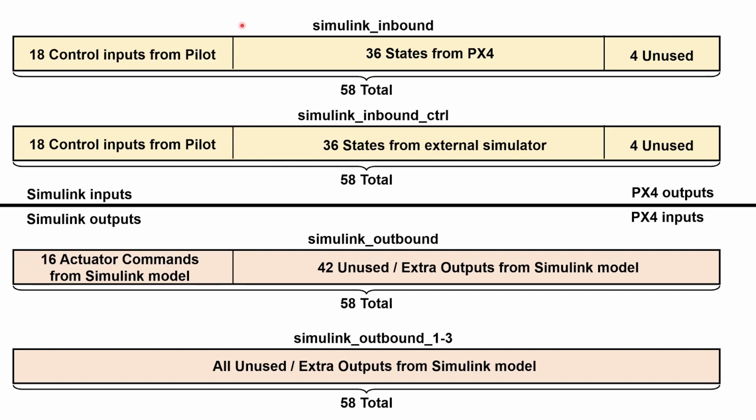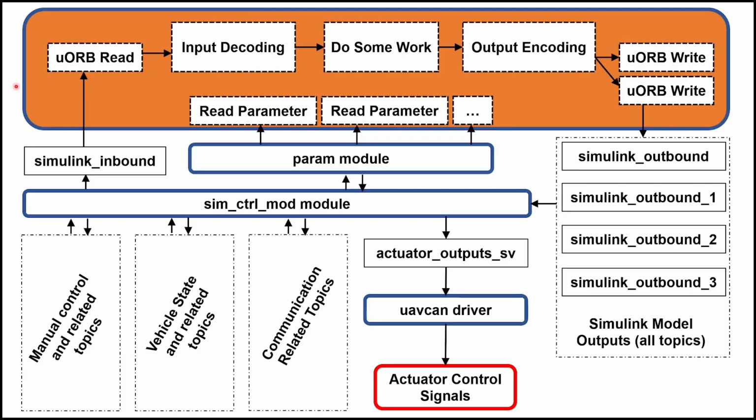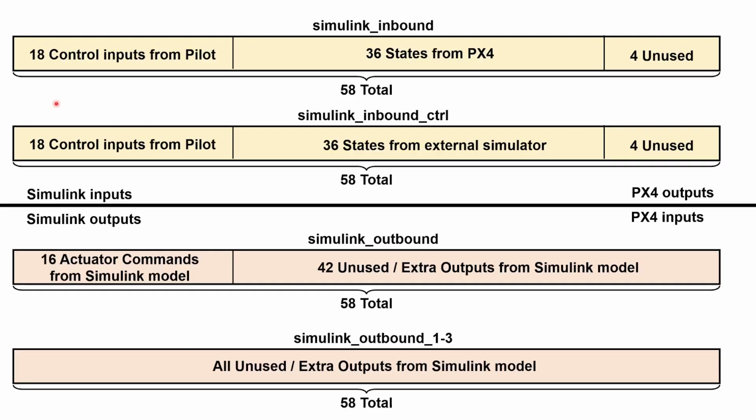We're using all of the states and inputs from this message on the top, the Simulink inbound, just like shown on this diagram over here. There's only a single topic being read by Simulink. There's no logic in the Simulink that decides which topic it has to read from.